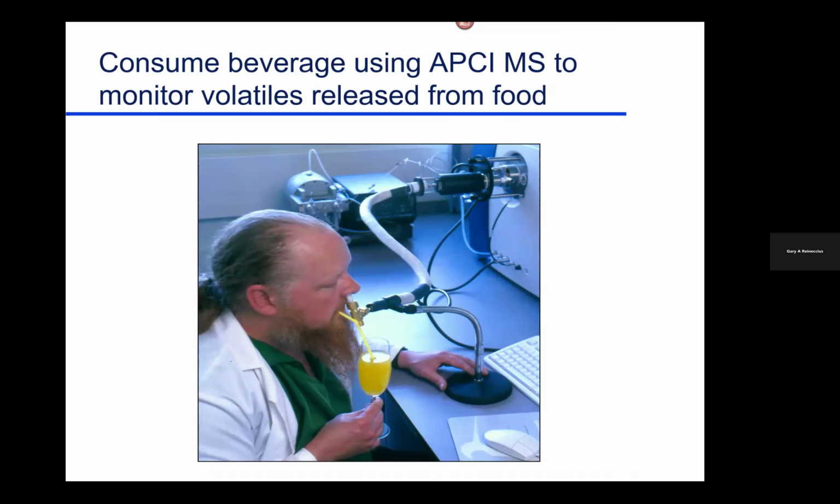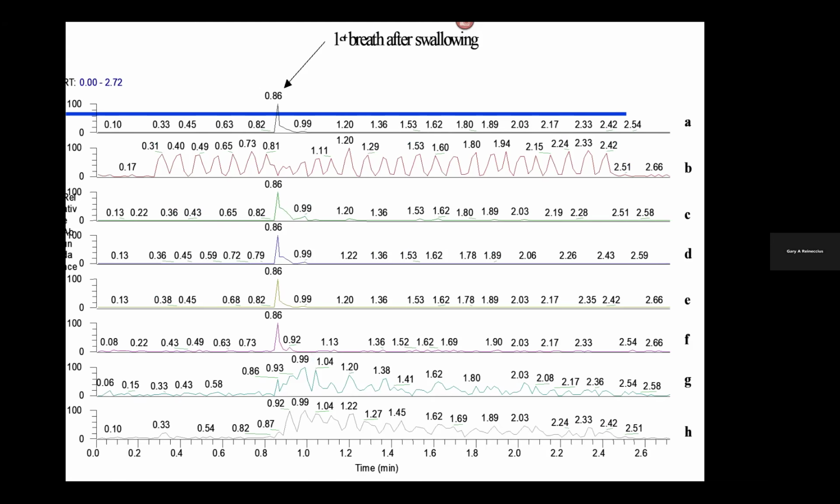And what he's doing is he's drinking this at the same time. He's got a little tube up his nose that's sampling his breath. So they're measuring what he's giving off in terms of a stimulus. So it's kind of interesting. And so, yep, there's the mass spectrometer behind. There's the tube that goes out and is sampling his breath.